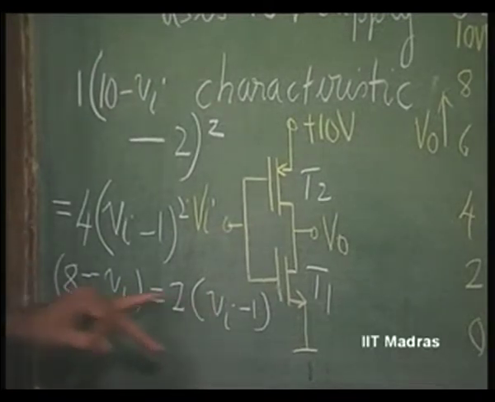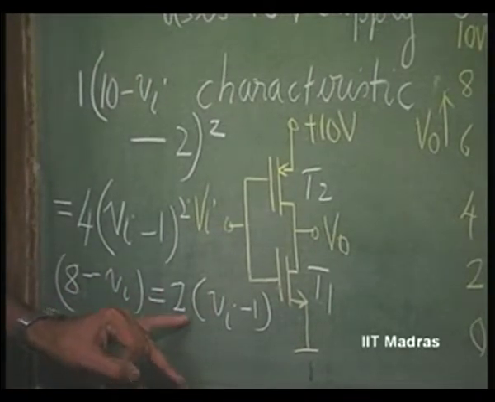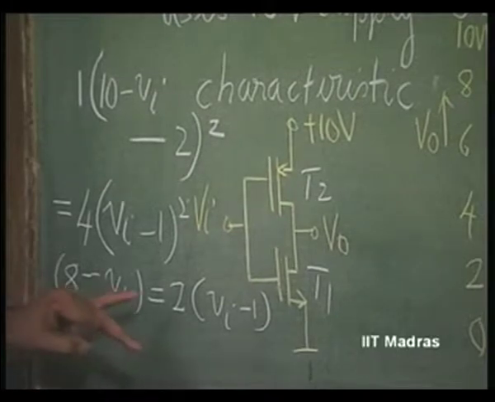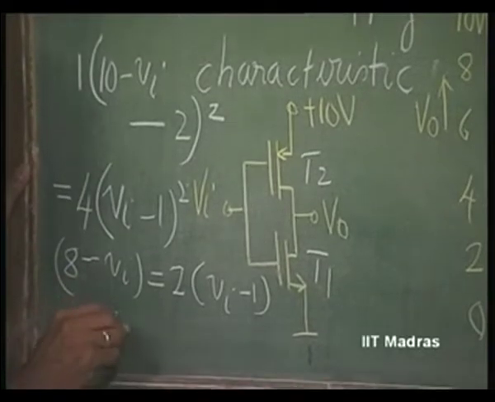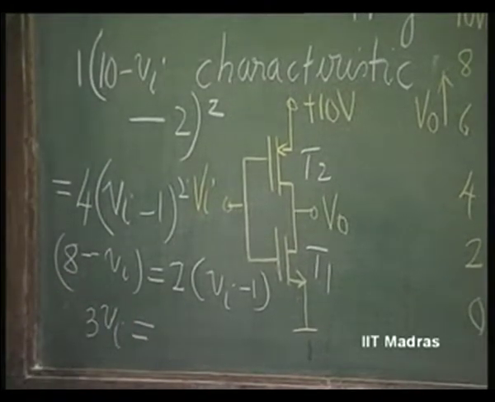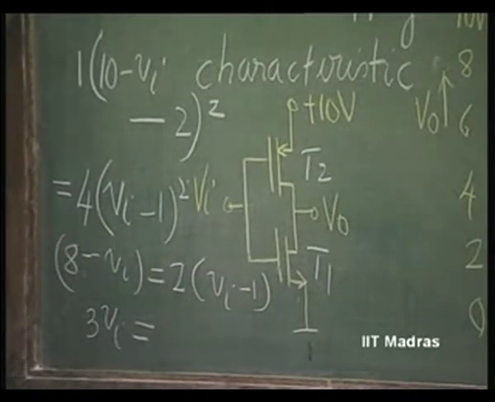From which we get 2 Vi plus 1 Vi, 3 Vi equals to how much? 3 Vi equals 8 plus 2, 10 volts.